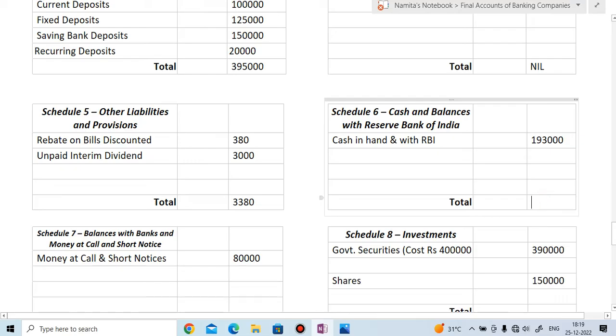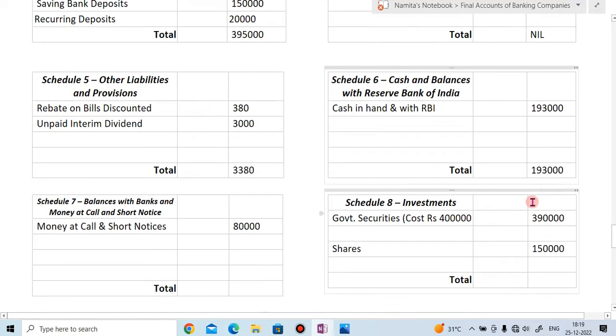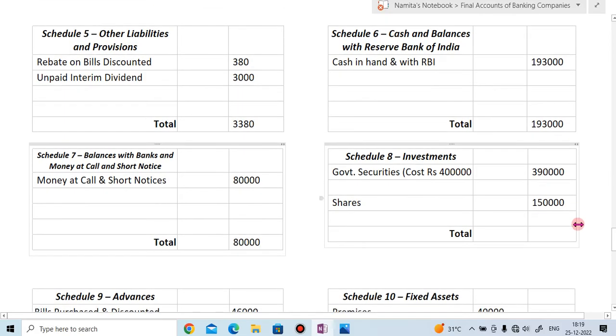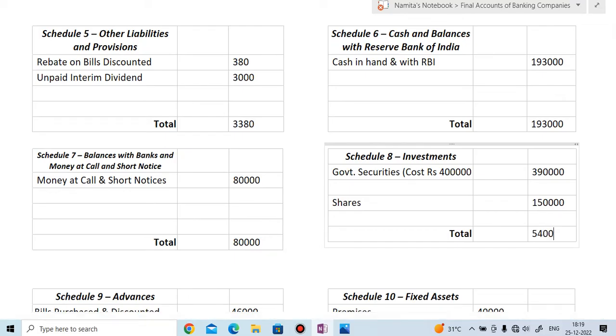Now close the assets. Now there is only one entry in the schedule number 6, that is 1,93,000. Then schedule number 7, 80,000. Schedule number 8, investment 5,40,000.